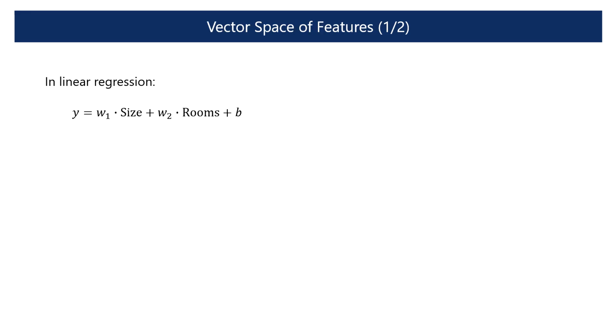When we do linear regression, we assume that the output variable y is a linear combination of the input features. In vector form, we can express it in this way. Here, w is the weight vector, and x is the feature vector.